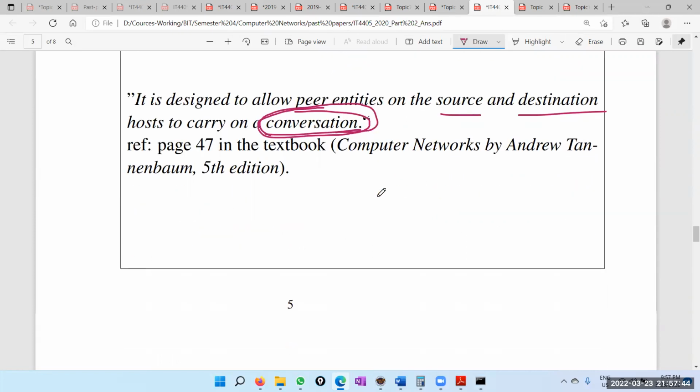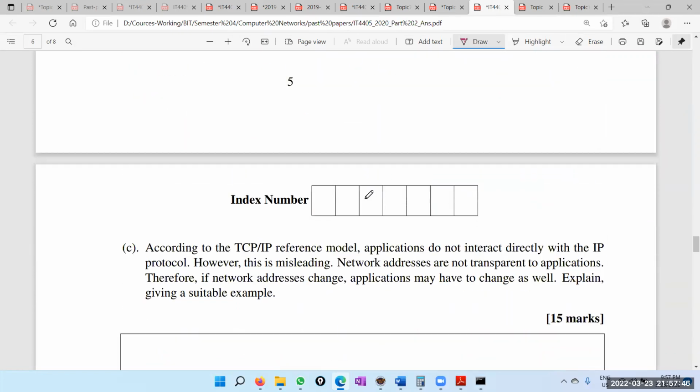Right. So next question. According to the TCP/IP reference model, applications do not interact directly with the IP protocol. Remember, the applications are not directly referring to the protocols below the network and transport layers.